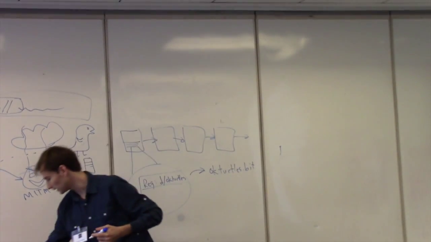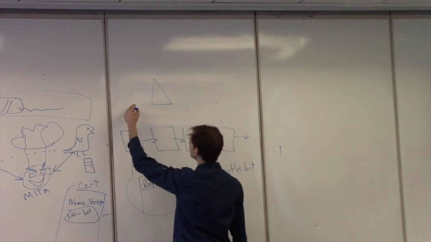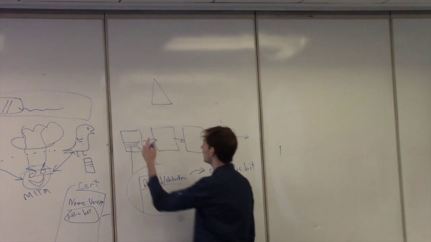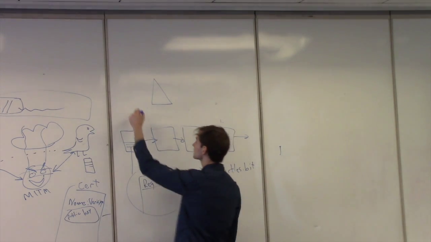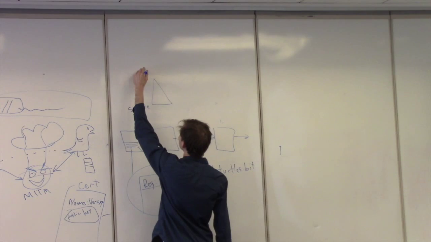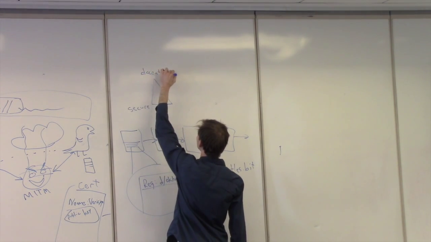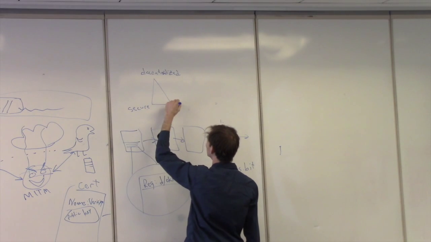Zooko's Triangle is named after Zooko Wilcox. And it states that in a naming system, you can have only 2 of 3 properties. It can either be secure, decentralized, or human readable.